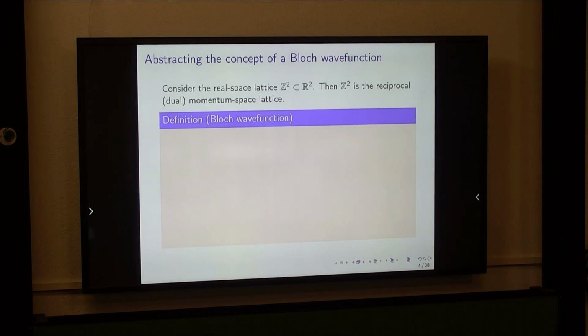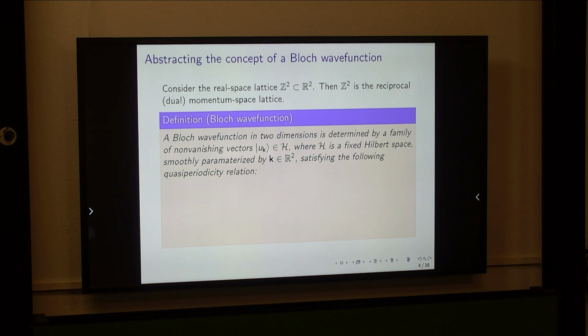Okay, so definition, Bloch wave function. So this will be what I mean by a Bloch wave function in this talk. So for me, a Bloch wave function, specifically in 2 dimensions, is determined by a family of non-vanishing vectors, u_k, on a fixed Hilbert space, calligraphic H, smoothly parametrized by k in R2, which will be the universal cover of my Brillouin zone, and satisfying this quasi-periodicity relation.